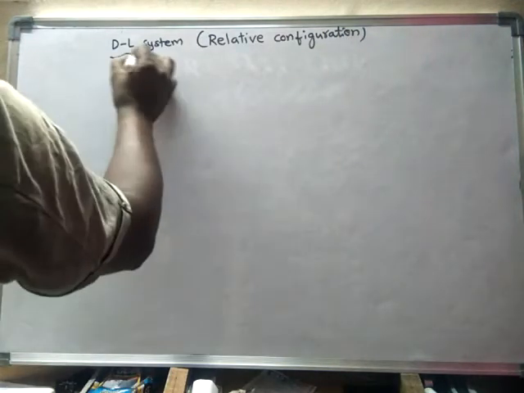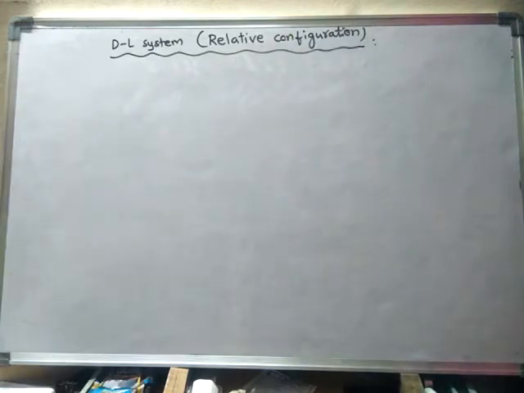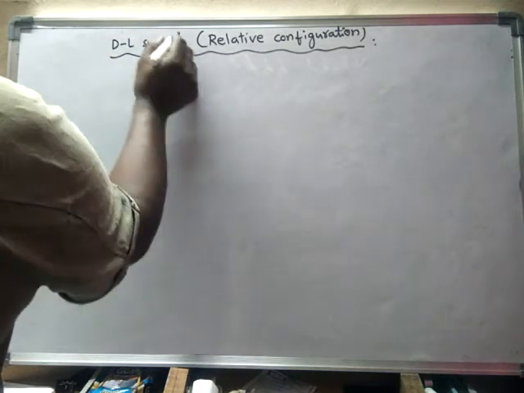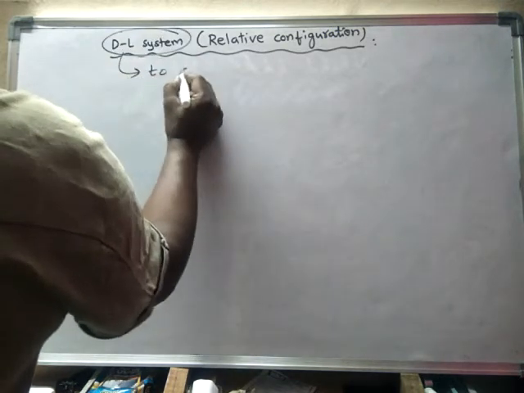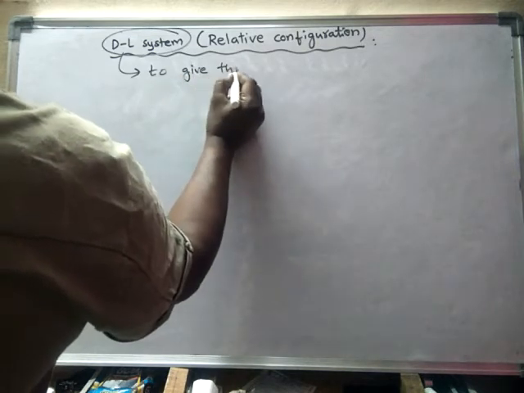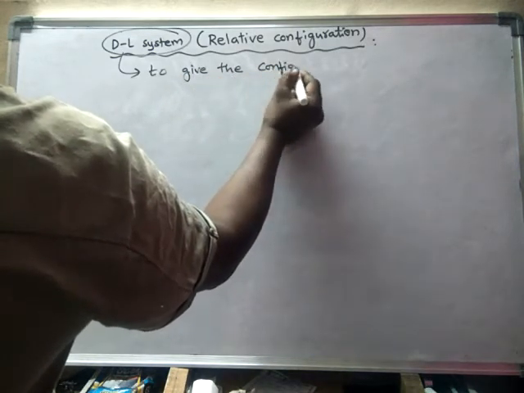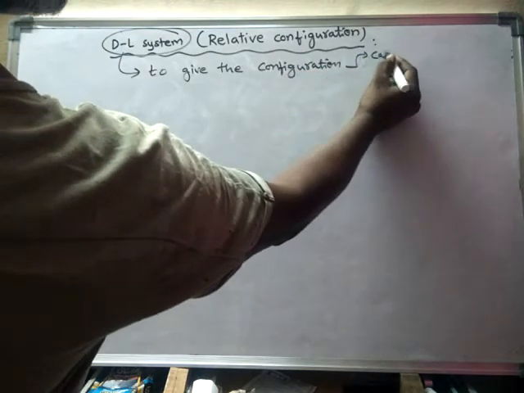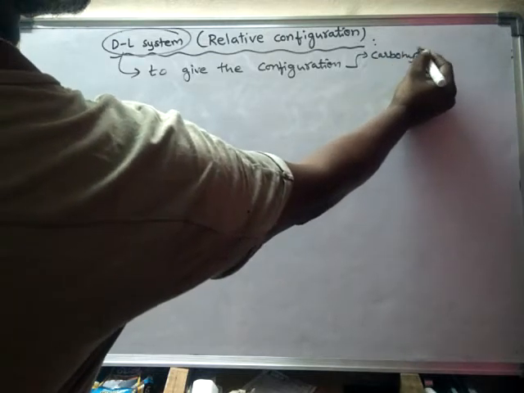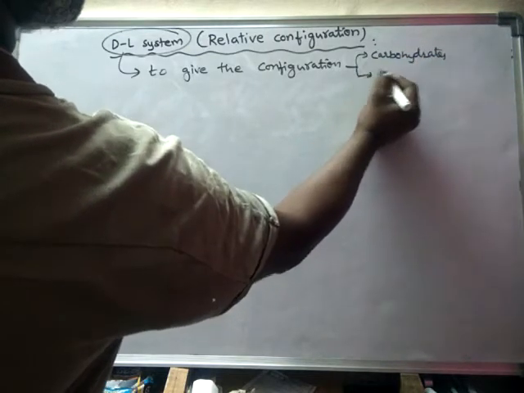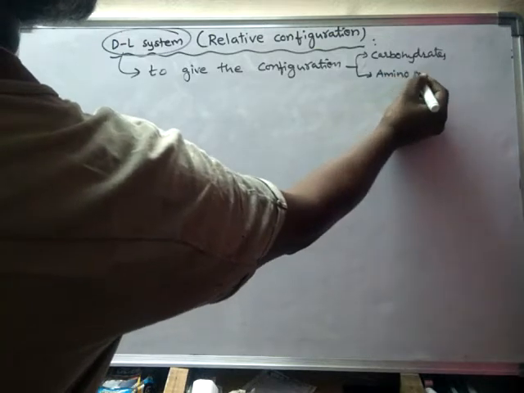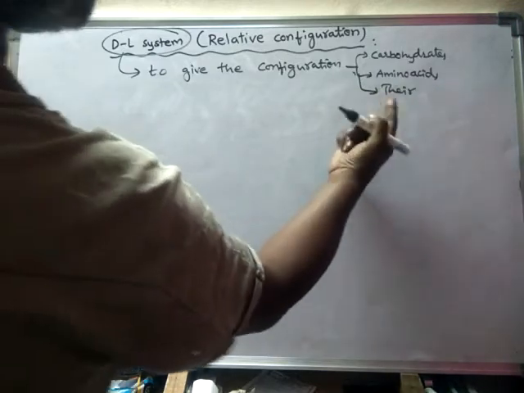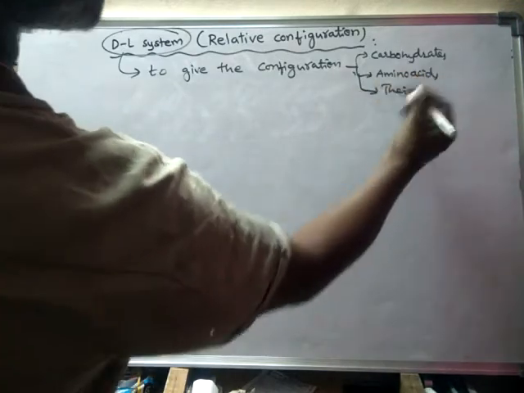See, actually this DL system is used to give the configuration of mainly compounds like carbohydrates, amino acids, and their derivatives, that means derivatives of carbohydrates and derivatives of amino acids.